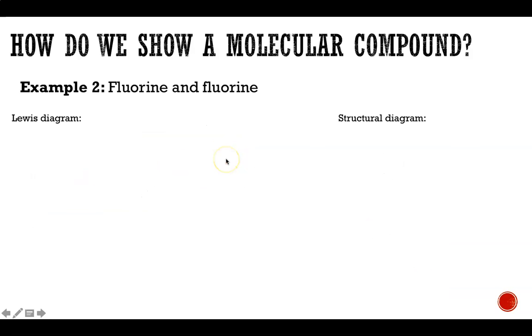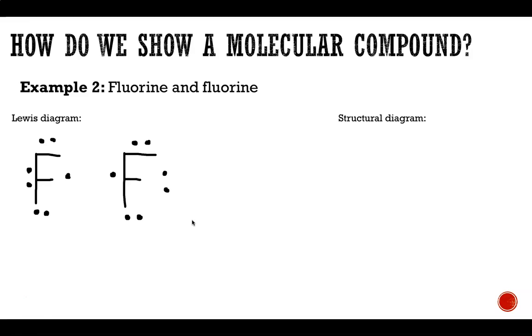Okay. Let's look at fluorine and fluorine. So molecular compounds can sometimes see an element bonding to itself. That's actually really common. So if we look at the Lewis diagram for that, fluorine is in group 17, meaning that it has 7 valence electrons. So it looks like that. And we're going to bond to another fluorine.